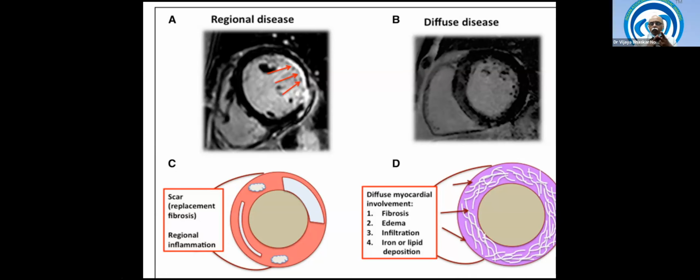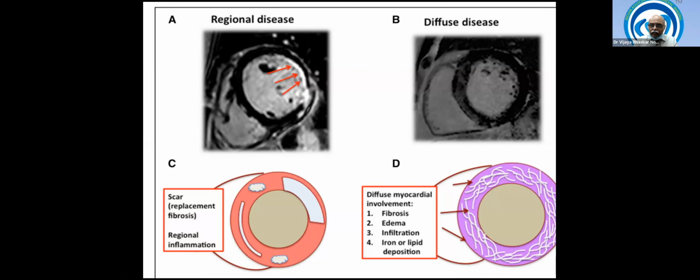Number 1. Number 2, in this myocardium I am seeing LGE only in the septum. How sure am I that there is no abnormality in the rest of the myocardium? That is the diffuse disease, which is seen here in the line diagram. Diffuse disease can manifest as faint LGE or no LGE.